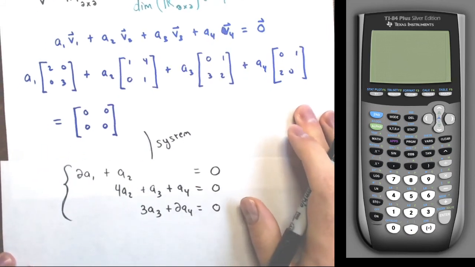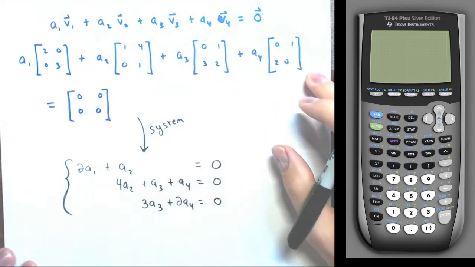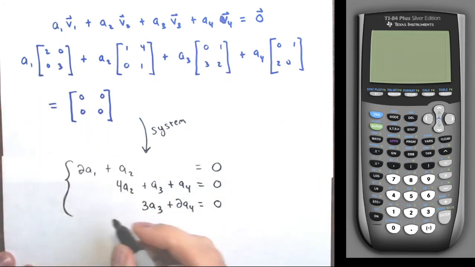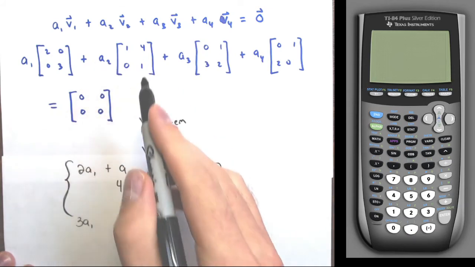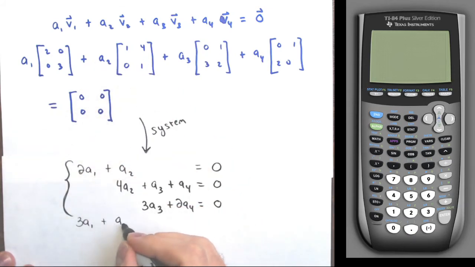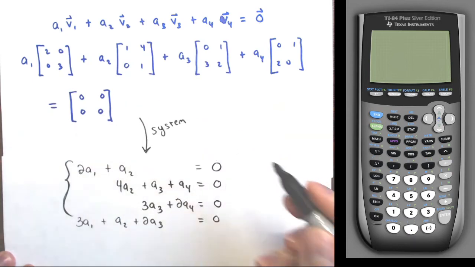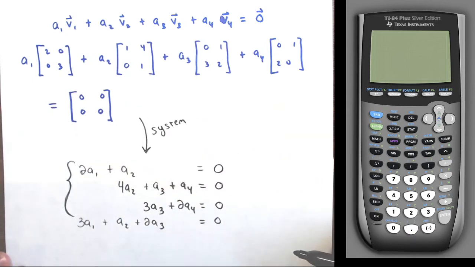And then lastly, look at the second row, second column entries: 3a1 plus 1a2 plus 2a3 and then plus 0a4 would have to be equal to 0. So I'm solving this system.